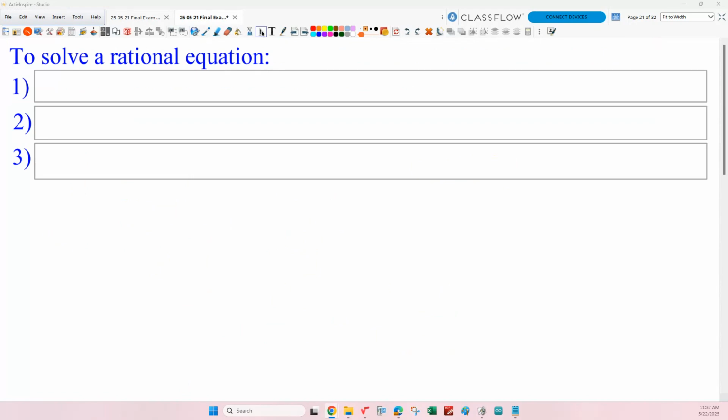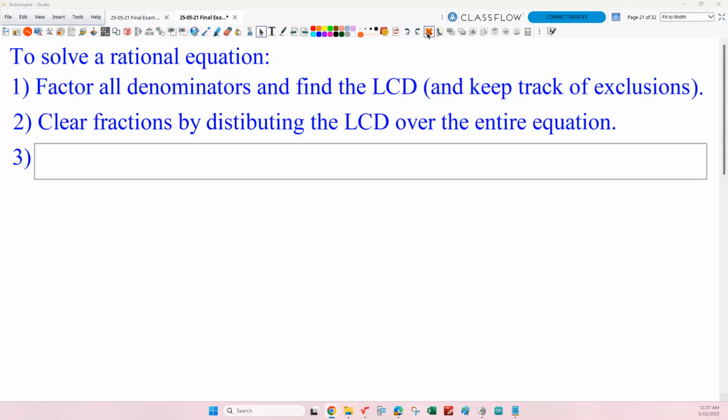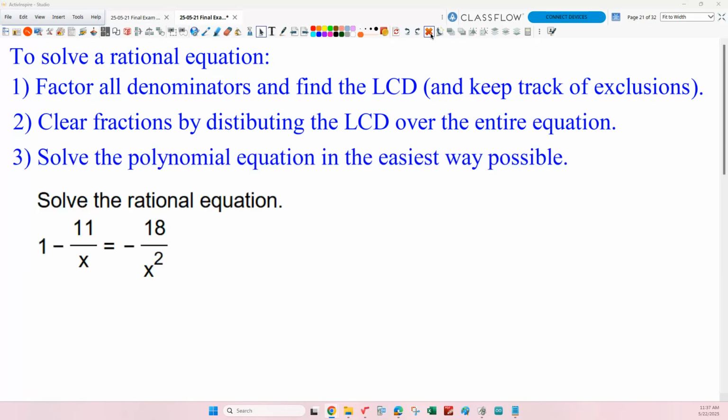Yeah, multiply by the LCD to cancel out fractions. So we've got to factor out the denominator, find that LCD, clear fractions by distributing, and then solve. In this case, they didn't have the cross multiply.